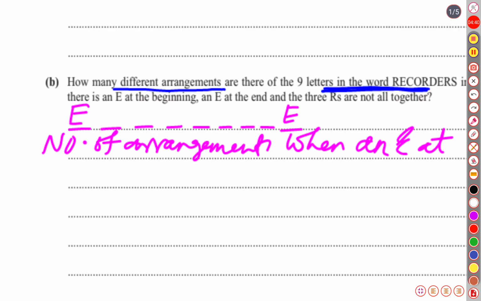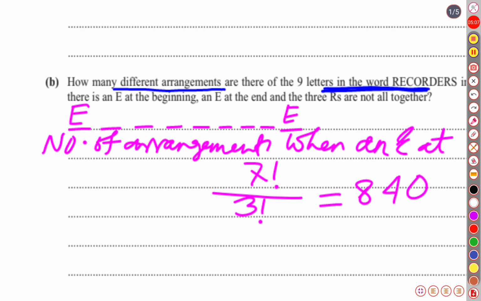So we will write 7 factorial ways. Among them, 3 R's are identical, so we will divide by 3 factorial ways. So the total number of arrangements with this restriction is 7 factorial over 3 factorial, that is 840 ways.